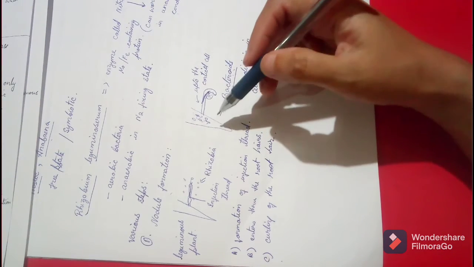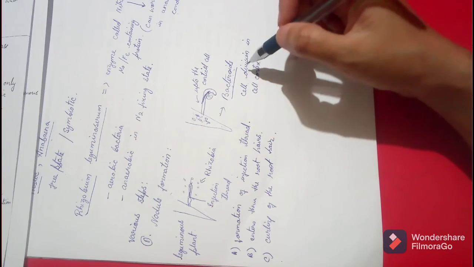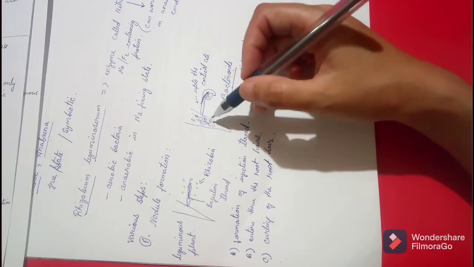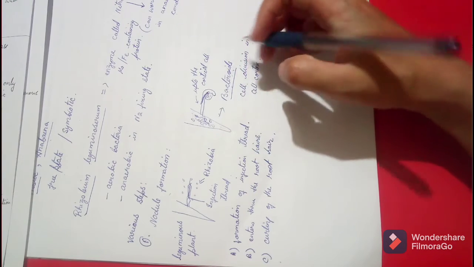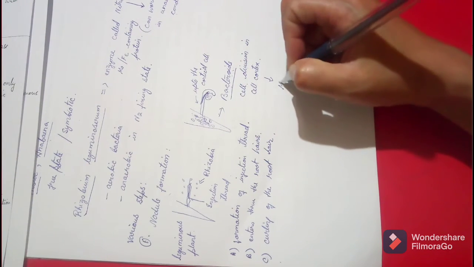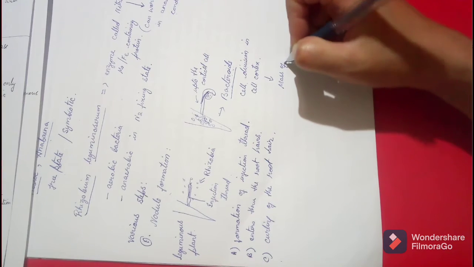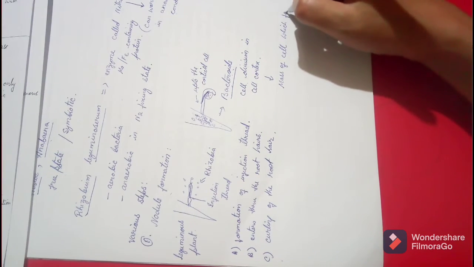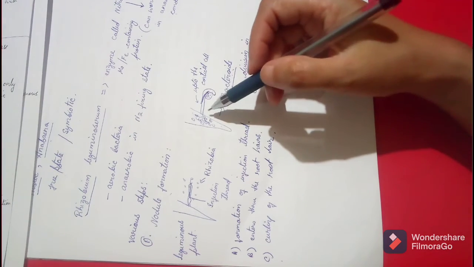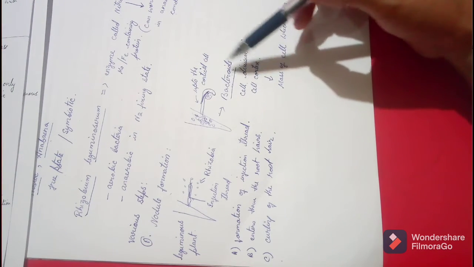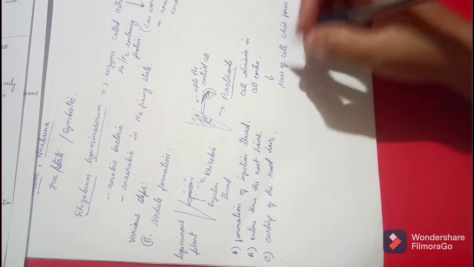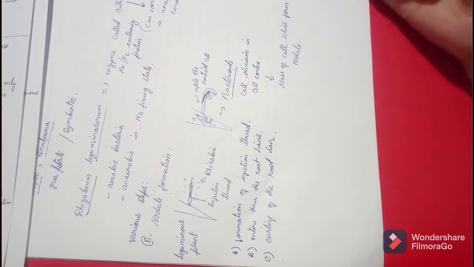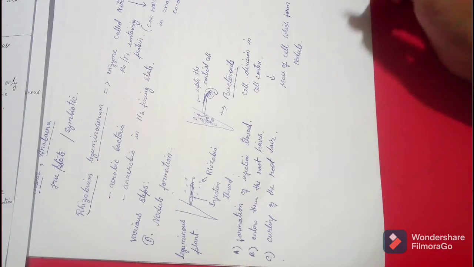Then due to cell division, the cortex will multiply, will divide and redivide. So there will be a mass of cells which form, due to the cell division initiated by these bacteroids. And this mass of cells is called the nodule.